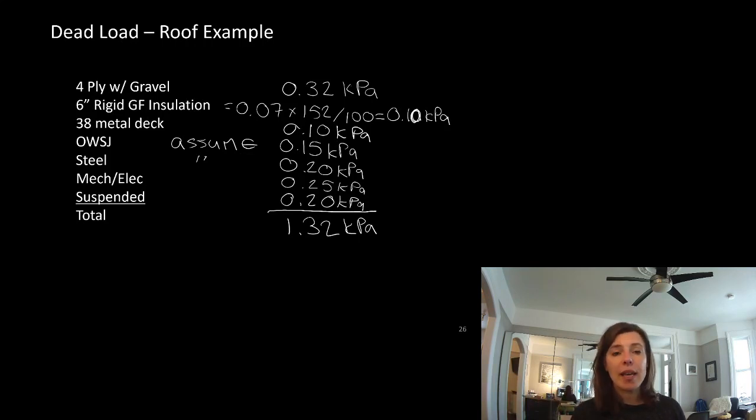So if we were talking about the design of the deck itself, 1.32 kPa seems a bit high because it's sitting on the open web steel joists, which is sitting on the steel. So this seems like overkill. And so what we'll often do in our design, and you're not going to have to do this, but I want you to understand that it is a thought process that engineers think about.